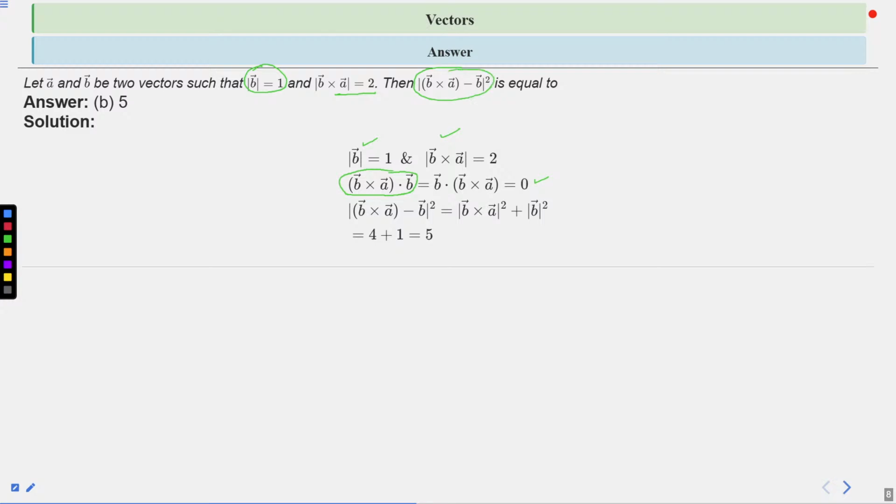So just take the dot product between these two relations. Magnitude of B cross A minus B vector, multiplied with B cross A vector minus B vector magnitude. So just multiply both, you will get this value: magnitude of B cross A vector whole square plus magnitude of B vector square.